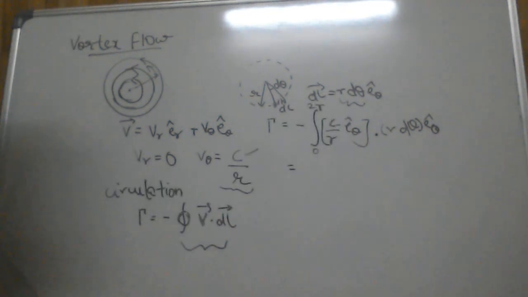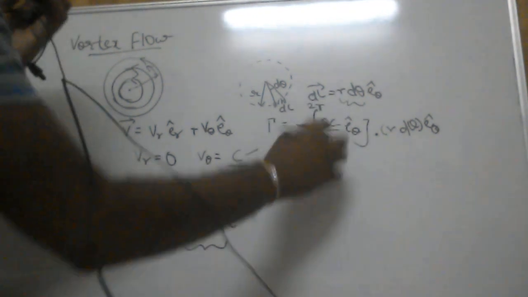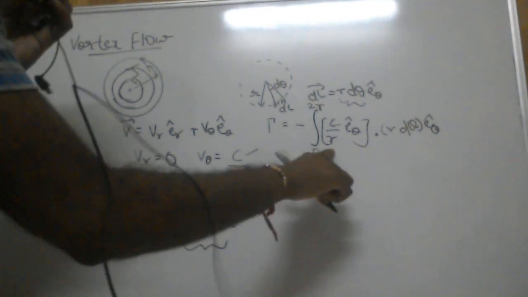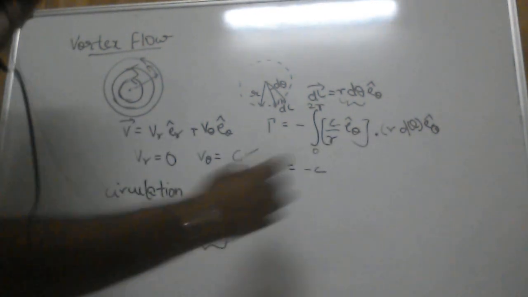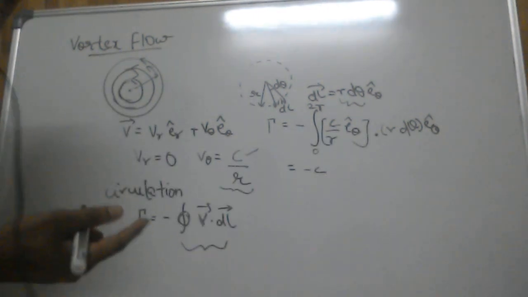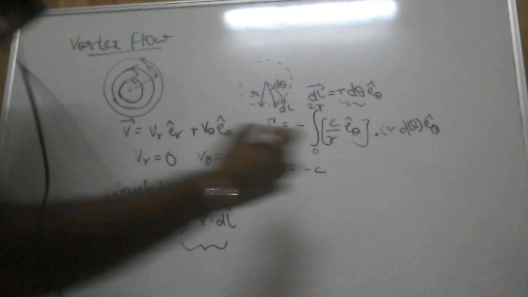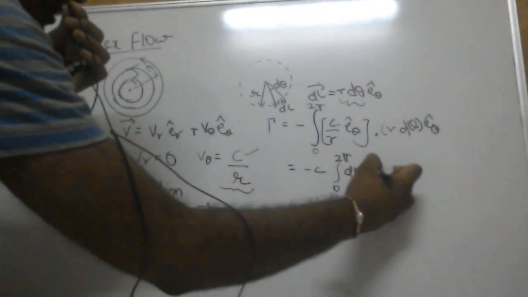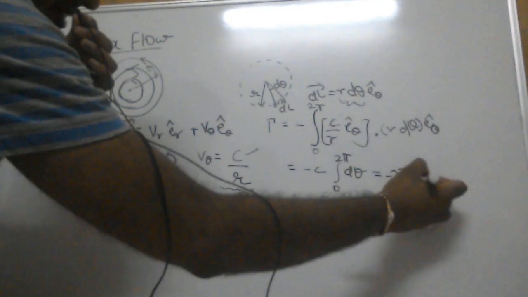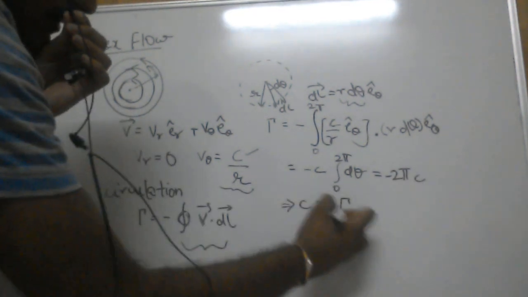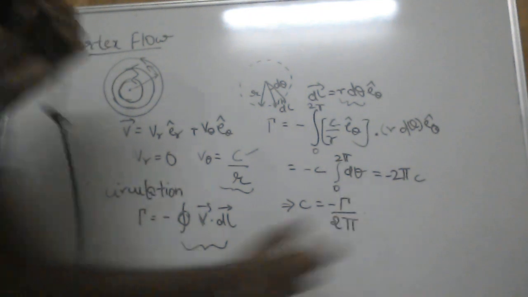Now let me solve this integral. C is a constant, so it comes out of the integral, and the r here and the r there get cancelled. e theta dot e theta is again, as I said, 1, and therefore what I get is an integral from 0 to 2 pi of d theta, which gives minus 2 pi C, and therefore C is minus gamma by 2 pi.